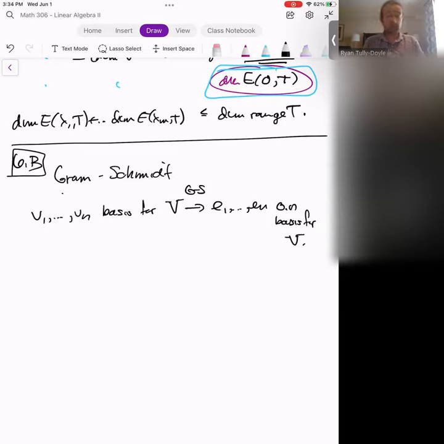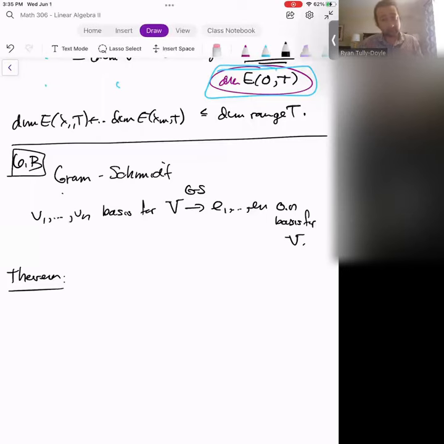So anytime you're working with a vector space that's also an inner product space, you can always assume that you can make a basis orthonormal because of Gram-Schmidt. So if I give you a problem that says you have an inner product space, you can go right out the gate by assuming not just a basis, but an orthonormal basis for that vector space, which is the content of our very first theorem.